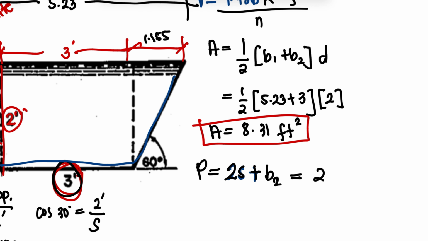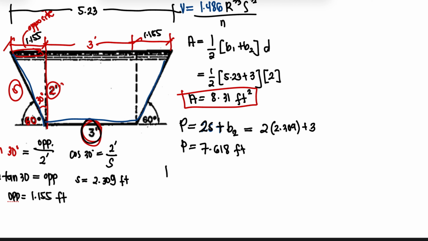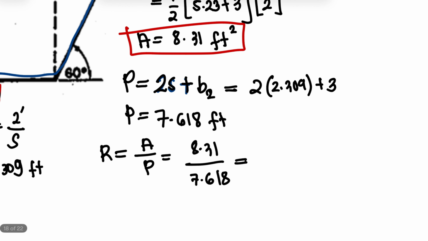So we have 2.309 plus 3 feet. So for the perimeter, we have 7.618 feet. Alright, so for the hydraulic radius, we have A over P. So this one is equivalent to 8.31 over 7.618. So solving for this one, we can get 1.09 feet.